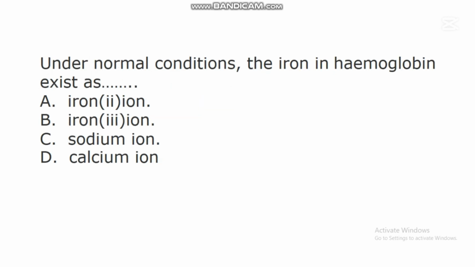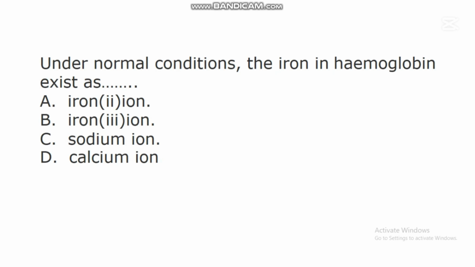The next question says, under normal conditions, the ion in hemoglobin exists as dash. A. Iron 2 ion. B. Iron 3 ion. C. Sodium ion. D. Calcium ion.